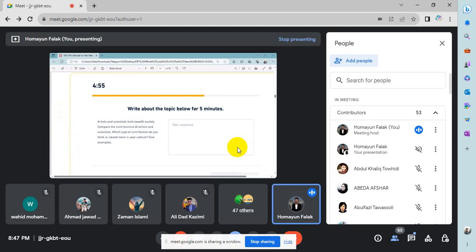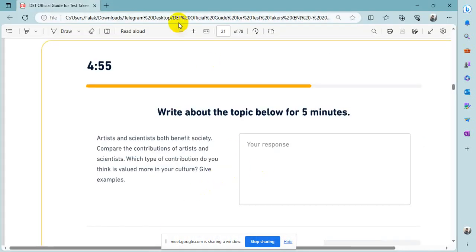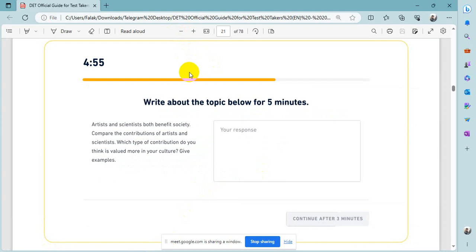These are three basic categories inside a paragraph. The topic sentence is mostly the main idea, the core value of the paragraph. Then some supporting statements with examples and details, and finally the conclusion. That's it. If you write and organize your paragraph this way, you will get a good score.